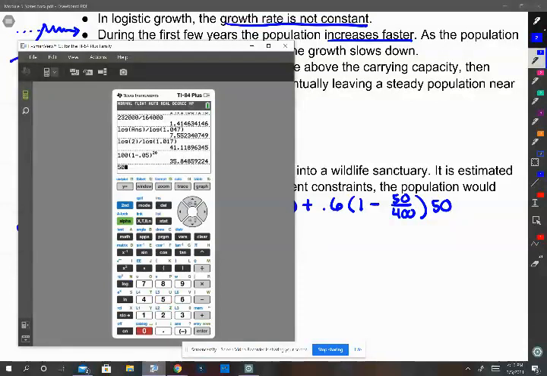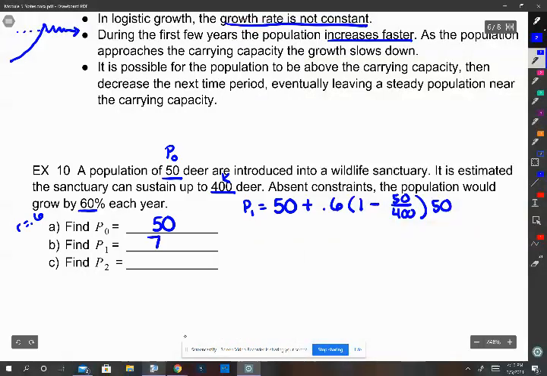We're going to go 50 plus 0.6 parentheses 1 minus 50 divided by 400. Close our parentheses and then times it by 50. So we get 76.25. So now to find P sub 2, everywhere there's a 50, so here, here, and here, we're going to put now 76.25.